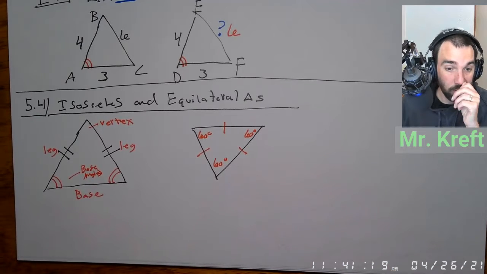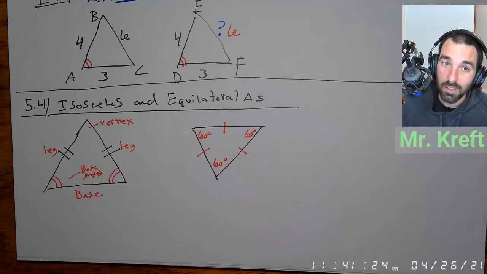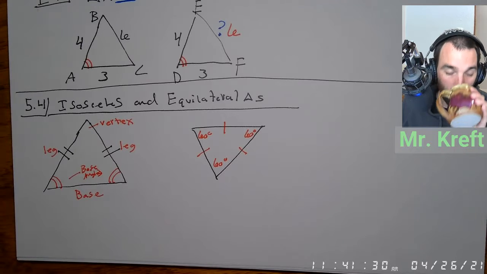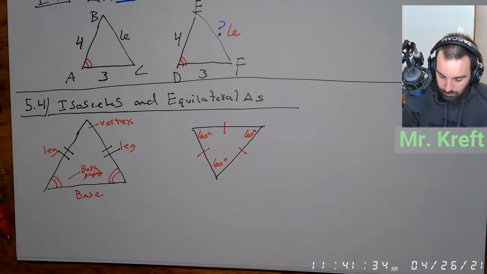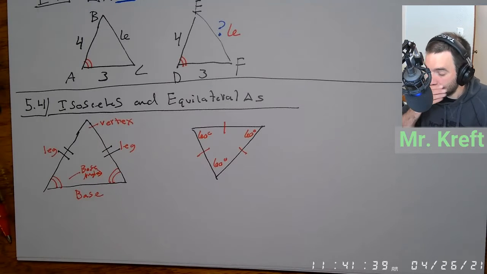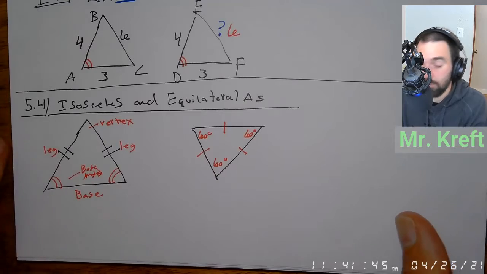And the reason why they're all 60 is because the angles have to add up to 180. So if three angles are the same, a third of 180 is 60. We solved problems with that and did stuff like that, okay? All right, so that's 5.4.